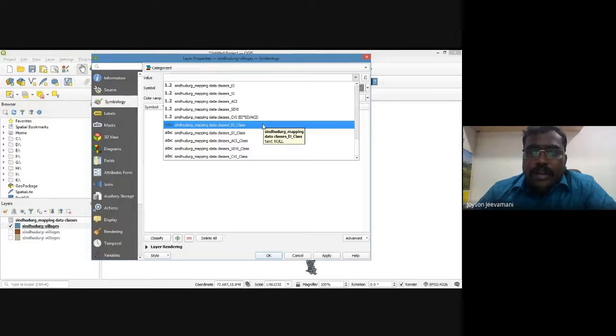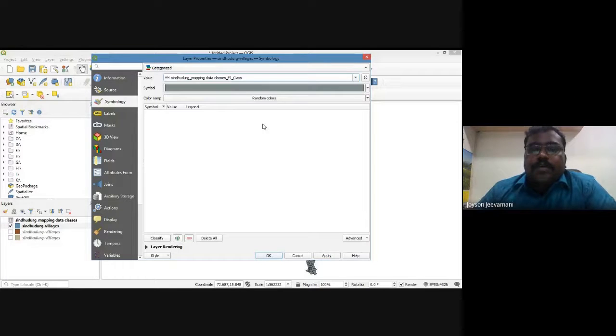I'm now mapping the exposure index class. I select that column and click Classify. Automatically the 5 categories will show.